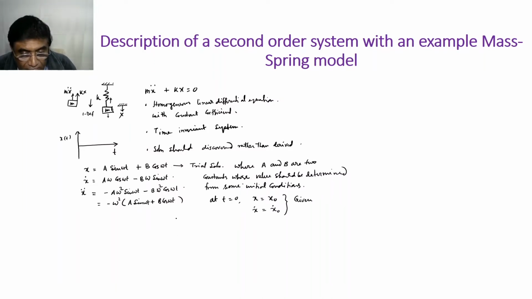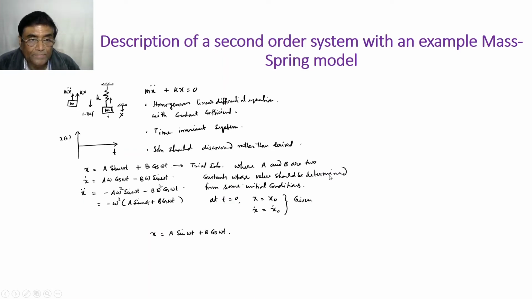Now once they are given, I can go ahead and simplify the solution, A sine omega t plus B cosine omega t. By the way, what is omega actually? Omega has a very interesting interpretation.